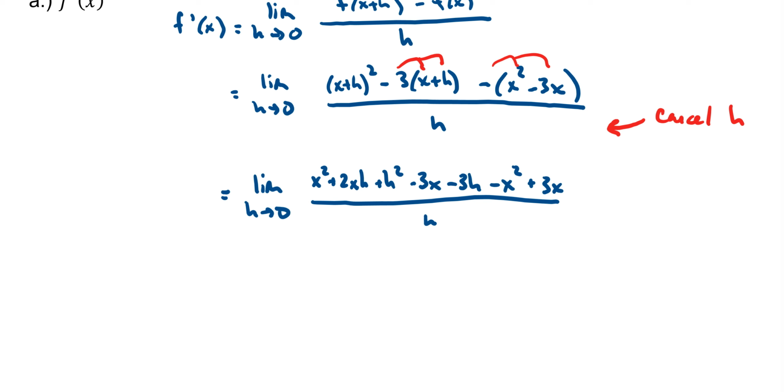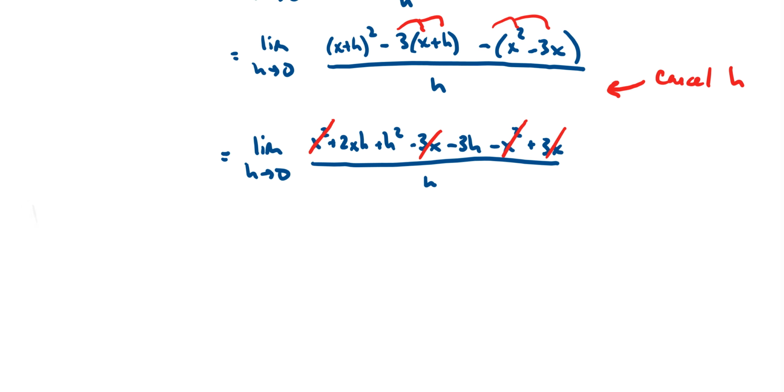Now we want to combine like terms. So anytime you have a polynomial function, f of x is going to completely cancel off. So these two terms on the right are going to completely cancel. Notice we have x squared minus x squared, negative 3x plus 3x.